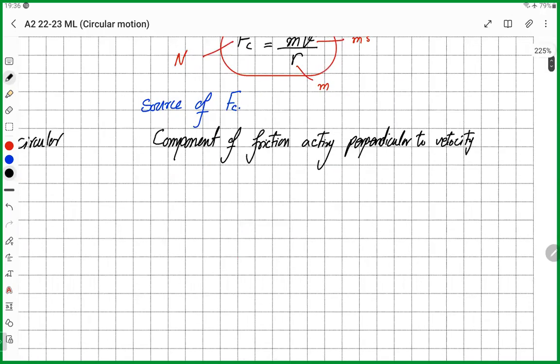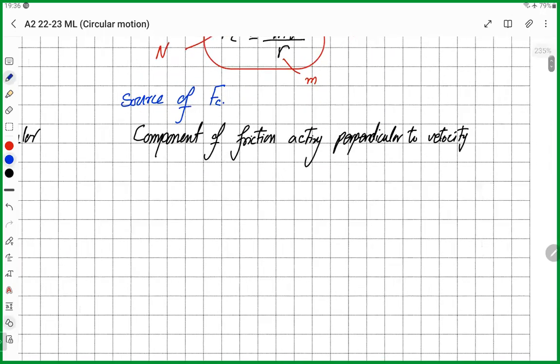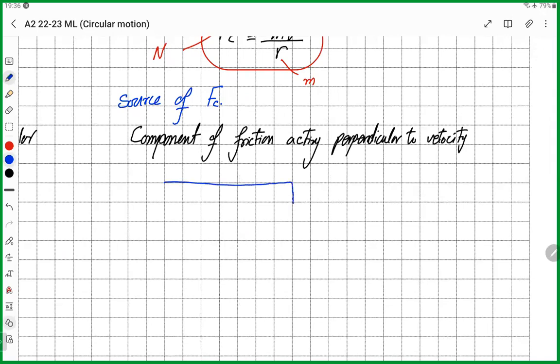Let me explain this to you. Let's say this is a car, as seen from the top. We are looking at the car from a helicopter, so we are looking at the car's top.